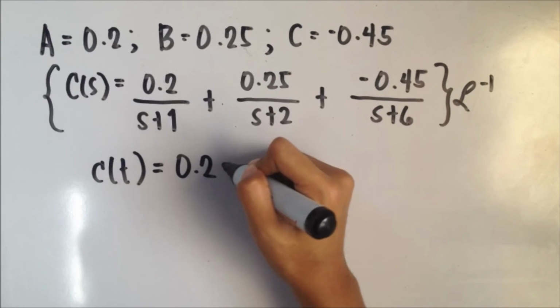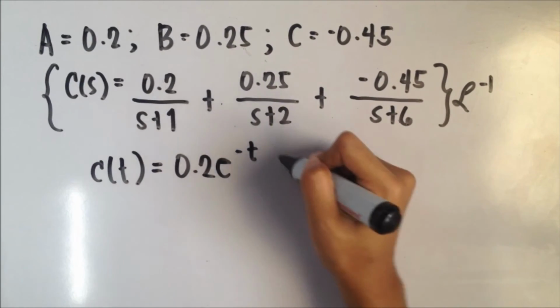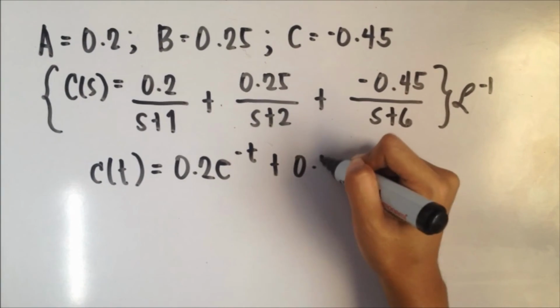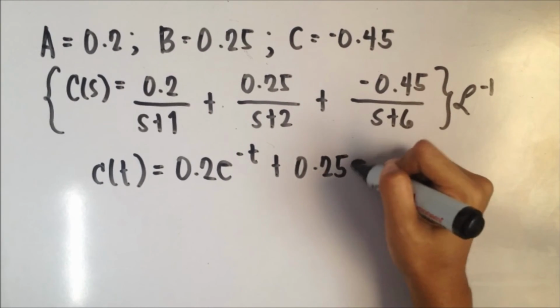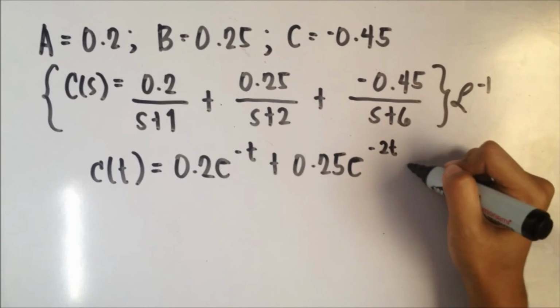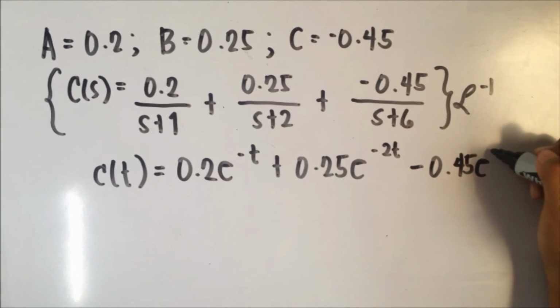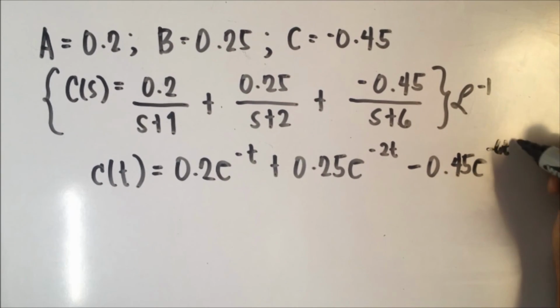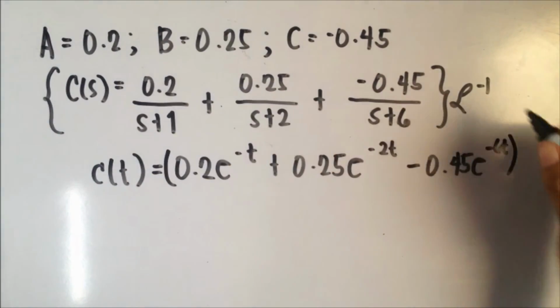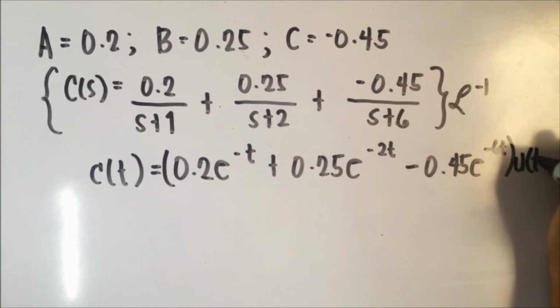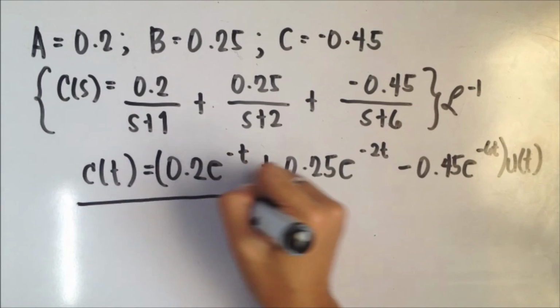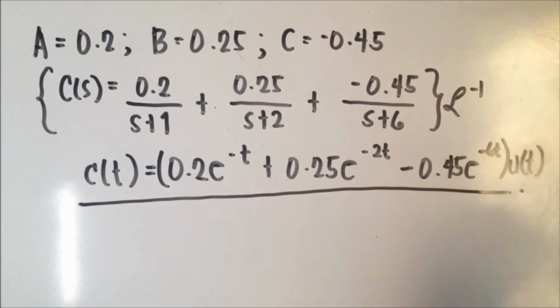So c of t will be equal to 0.2 times e raised to negative t plus 0.25 times e raised to negative 2t minus 0.45 e raised to negative 6t. So this will be our final answer for the second problem.